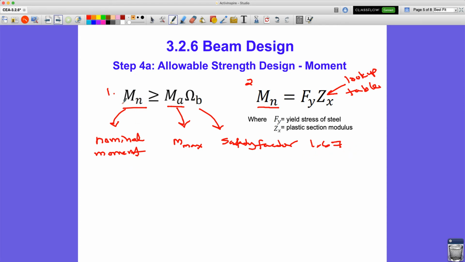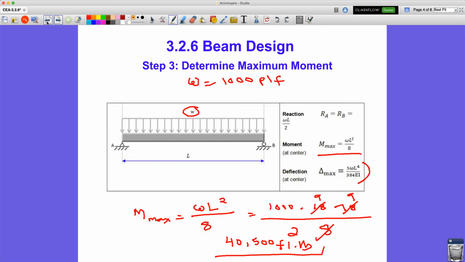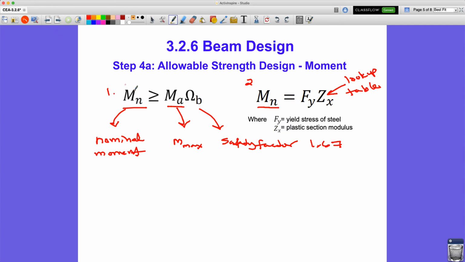So this is the first equation you're going to plug in, and it's a really straightforward equation, but you have to understand we're using the maximum moment we obtained in this step, 40,500 foot-pounds, times the safety factor to give us the nominal moment.